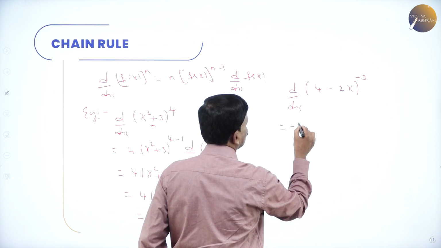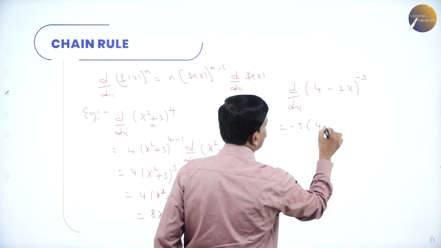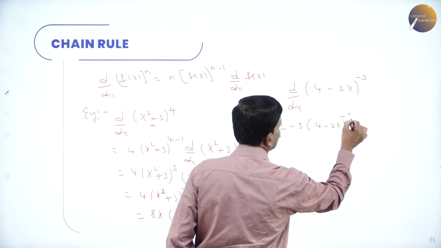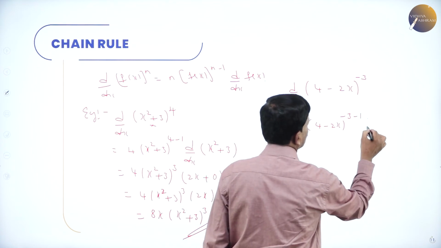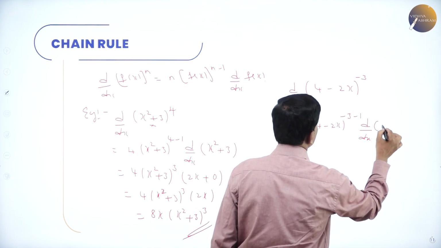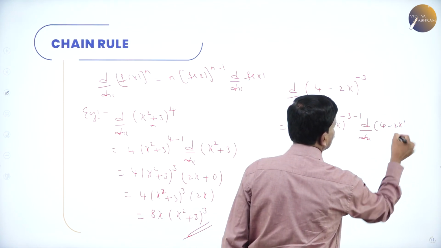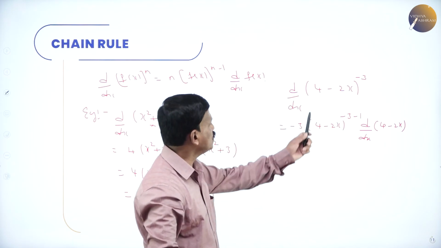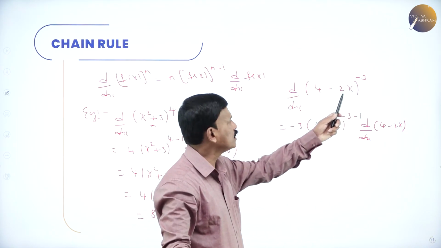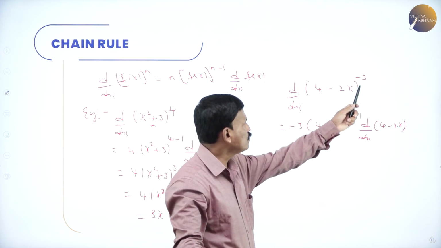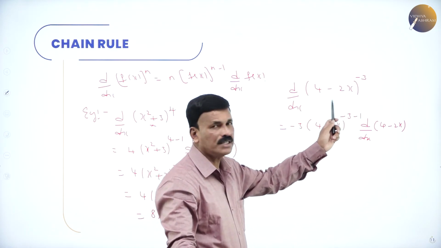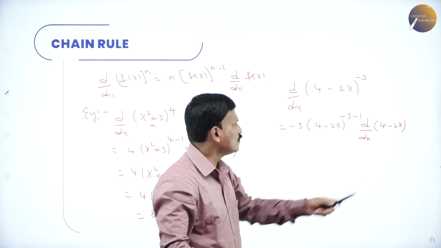So the derivative is n into f of x to the power of n minus 1, that is minus 3 into (4 minus 2x) whole raised to minus 3 minus 1, into d by dx of the inside function, d by dx of 4 minus 2x.